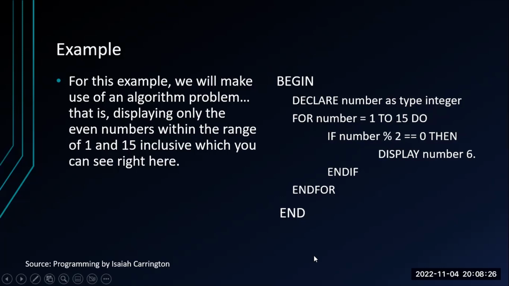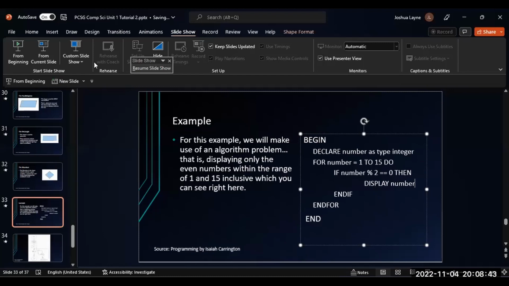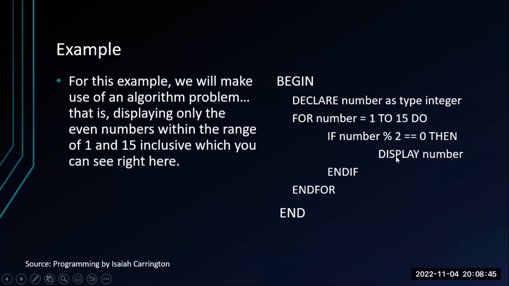This was there when I was editing the slideshow, when I was copying from the textbook. Right, so let me put this back. All right, so it would then display the number. It'll print number out to the screen and then end the if and then end the for, and that's the end of the program.